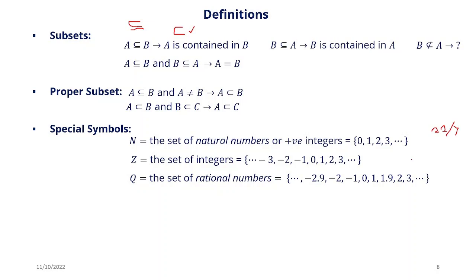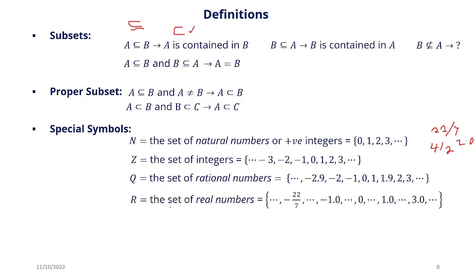Your calculator is only trying to approximate it for you. So the set of rational numbers also contains integers, because for instance 2 is 4 divided by 2. So you use 2 to divide 4 and you just get 2.0. That is rational. And the rational numbers begin from minus infinity to plus infinity.